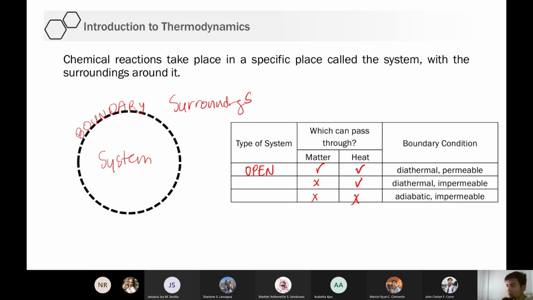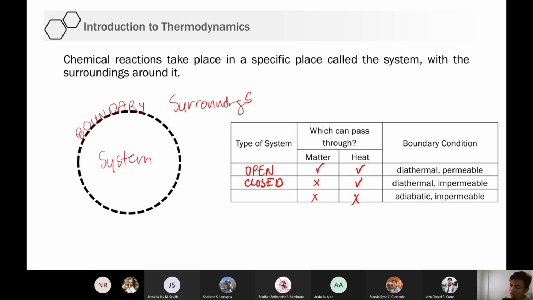Ibig sabihin, open, pwede talaga pumasok lahat. Pwede rin sila lahat lumabas. Open nga. Okay? Pero, pag ginawa mo yung impermeable, ibig sabihin, tatakpan mo yan. O, nakabaliktaran ng open, edi close. No? Pag tinakpan, close na. Okay? We have an open, closed system.